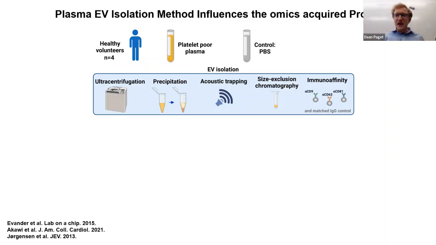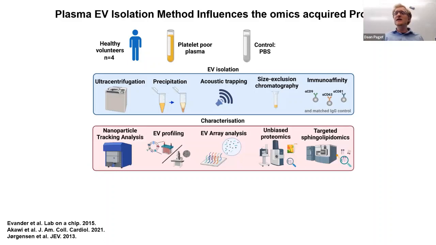Following EV isolation, we characterized the extracellular vesicles in depth by looking at their size and number using nanoparticle tracking analysis, confirming we had extracellular vesicles using Western blot and transmission electron microscopy, and then looking at the protein profile using an EV array analysis, which I'll explain later, and unbiased proteomics, and the lipid profile by doing a targeted sphingolipidomic analysis.